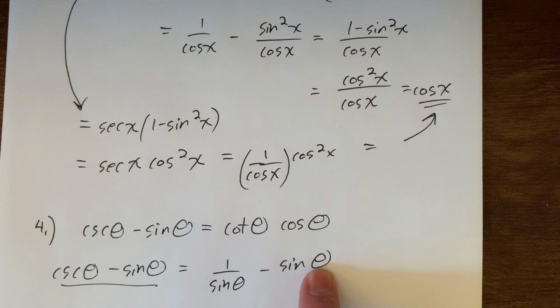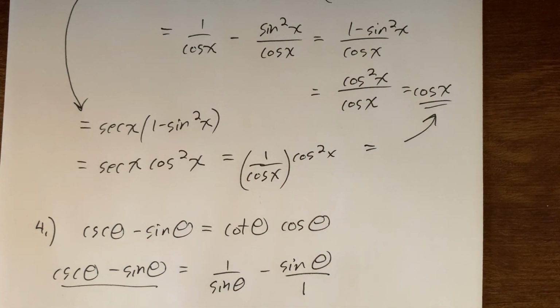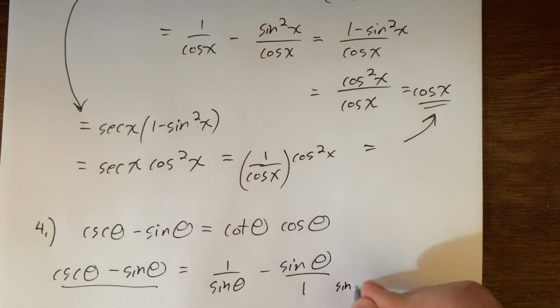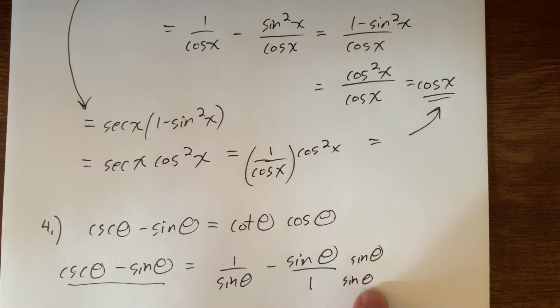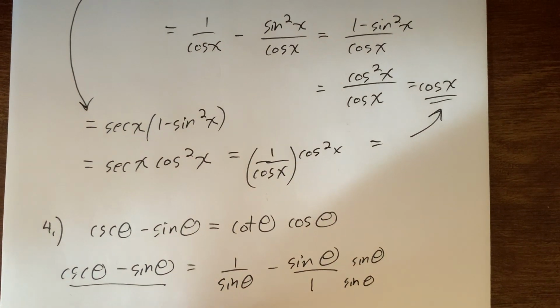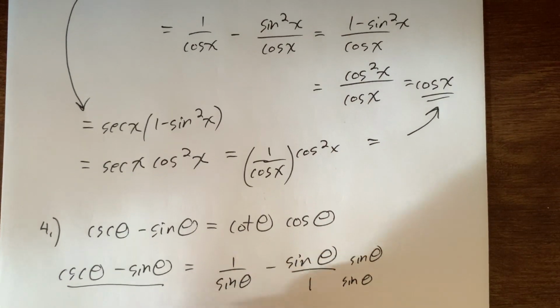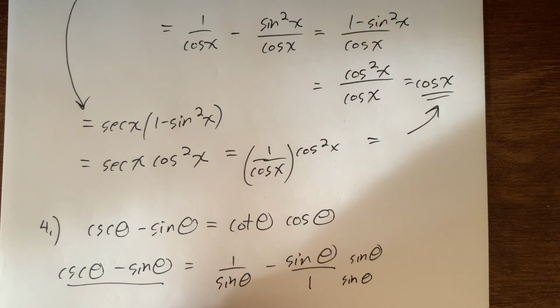The fact that these are being subtracted, I could write the second one over 1. I can get a common denominator. The common denominator would mean sine, so this one needs to be multiplied top and bottom by sine. So now I've got the common denominator sine. This already had a 1 minus, and now this will have a sine squared.